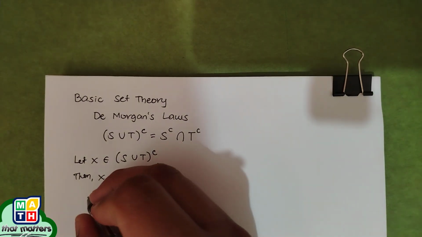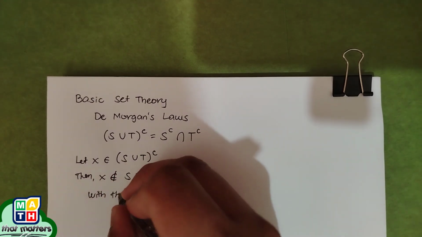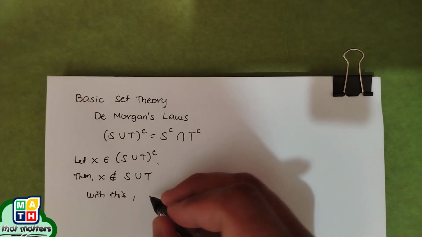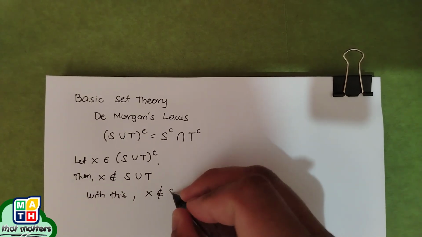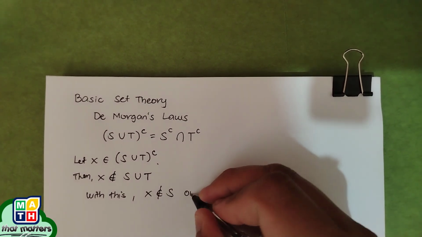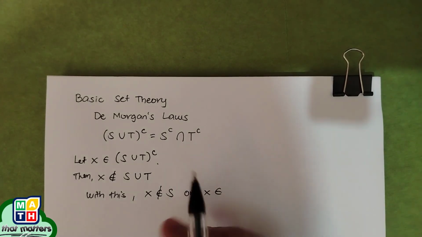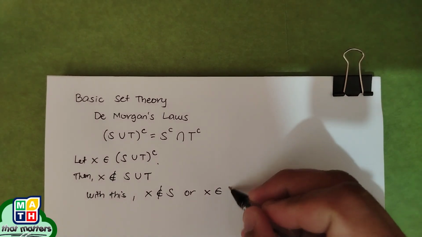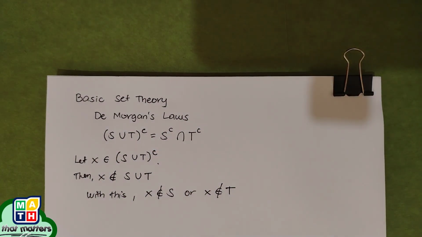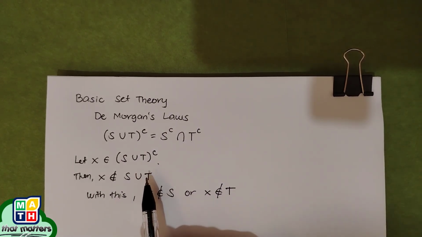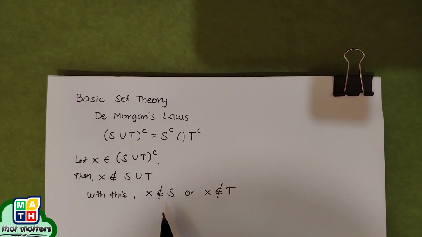With this, we can further say that since x is not an element of the union, x cannot be an element of S, and it should not also be an element of T. Because if we talk about union, when we combine two sets, the elements of that union could either be an element of S, an element of T, or an element of both.